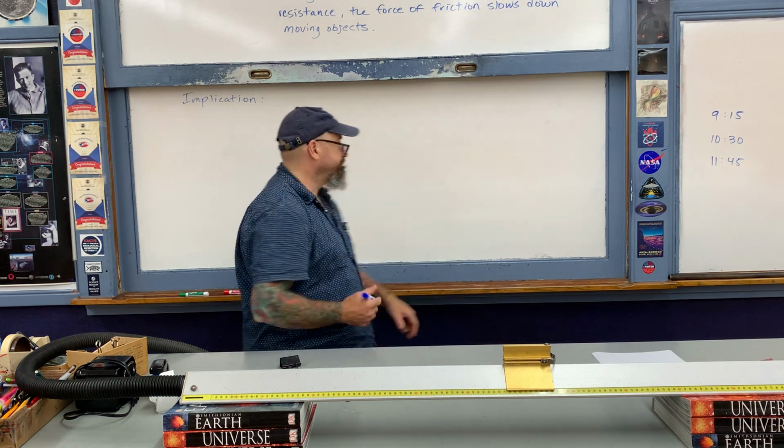Let me phrase the implication of Galileo's result as a question. What would happen if the right-hand side of the ramp on my diagram was horizontal, frictionless, and infinitely long?